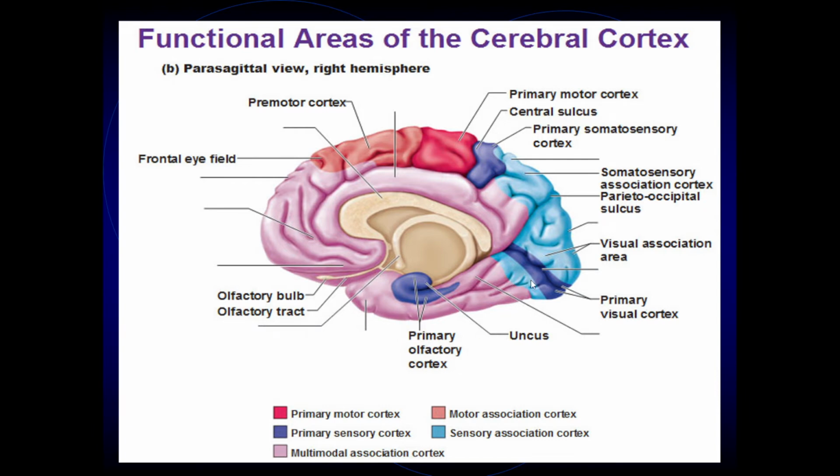For example, visual cortex, auditory cortex, primary somatosensory cortex, and others.